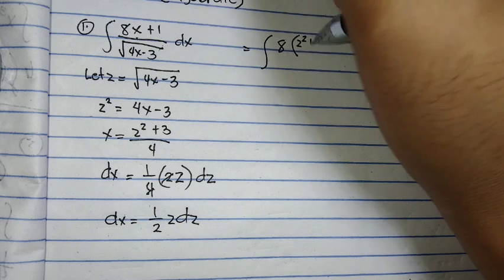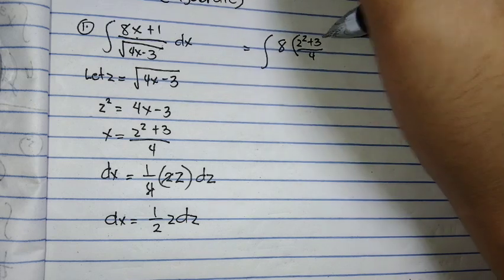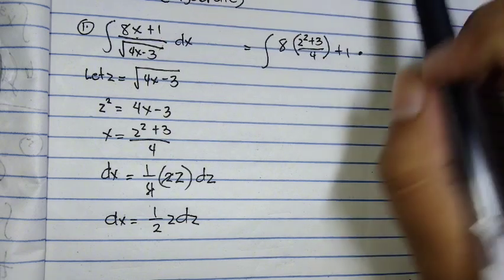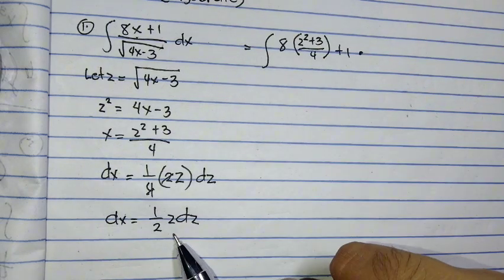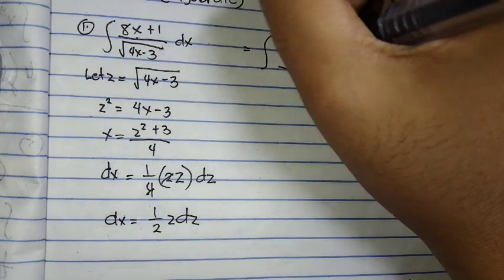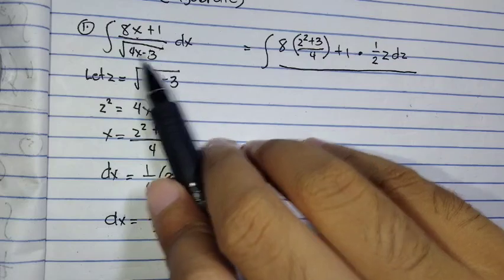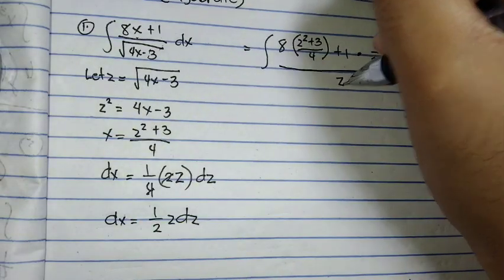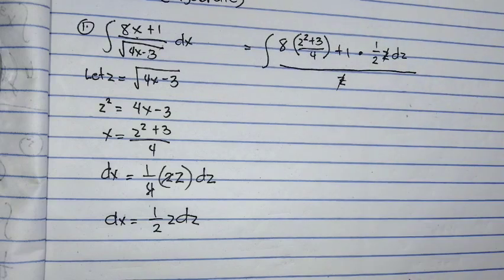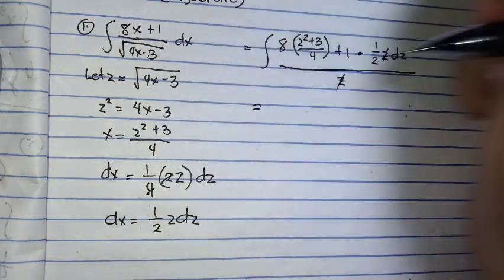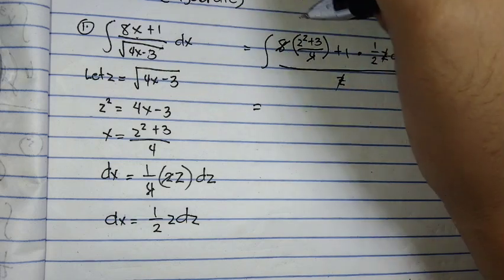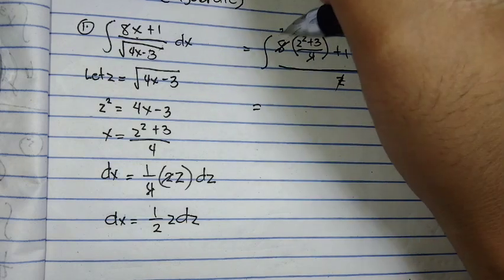So (z squared plus 3) over 4, plus 1, times the value of dx, which is 1/2 z dz, over z, the value of z. So cancel both z, and then cancel 4 and 8. So this will be 2.